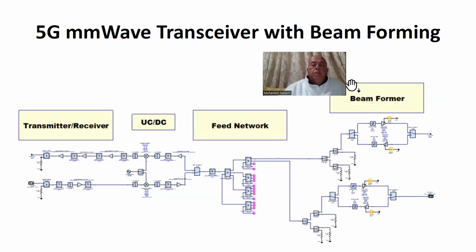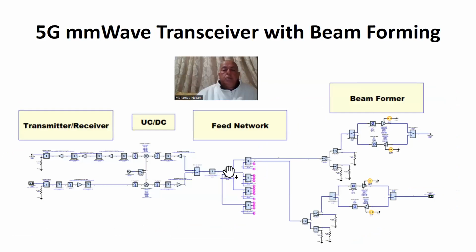Now, last time, this is the system that we designed. We took the sub 6 gigahertz transceiver front end, and I added an up converter and a down converter, and then of course we have the 16-way feed network, which split the signal 16 ways to go into 16 individual beamforming chips. In here, I just showed 2 beamformers.